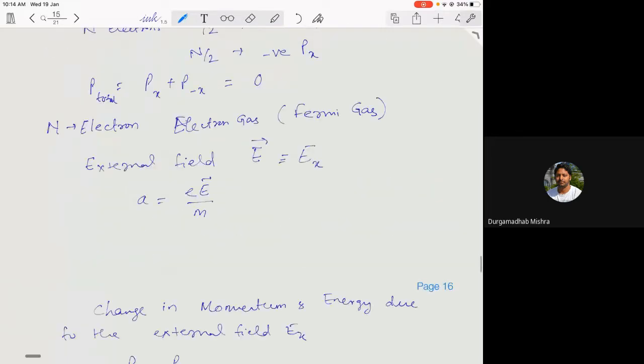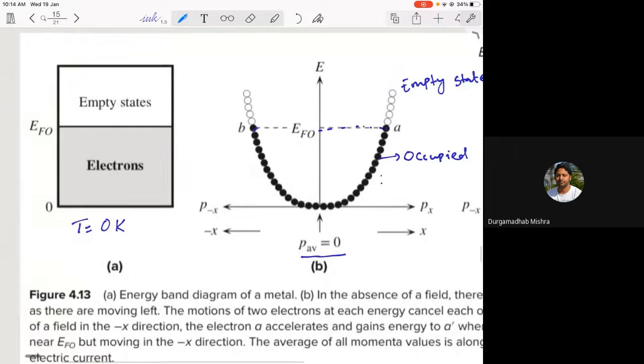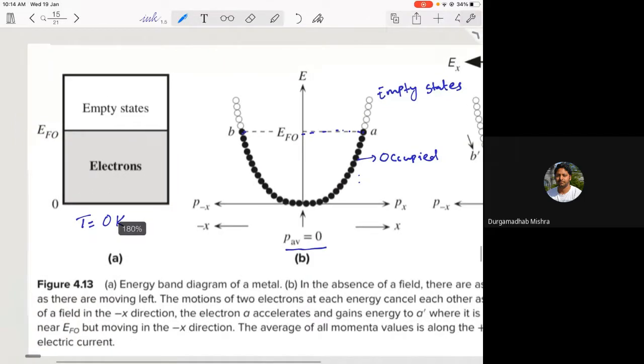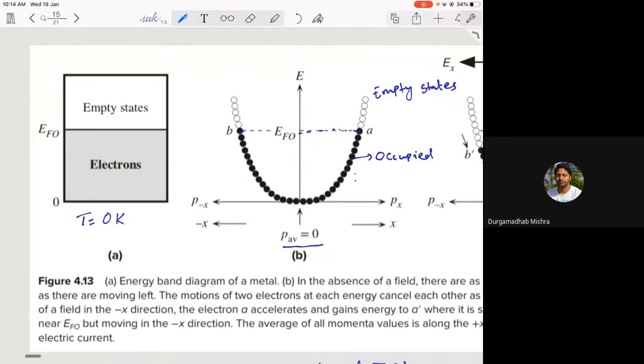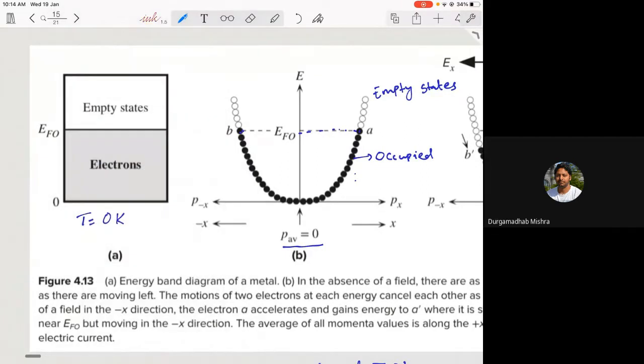This picture we are representing here is only at T equal to 0 Kelvin. But when T is greater than 0 Kelvin, some of these states can be occupied.